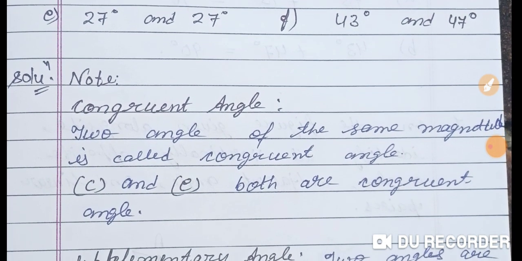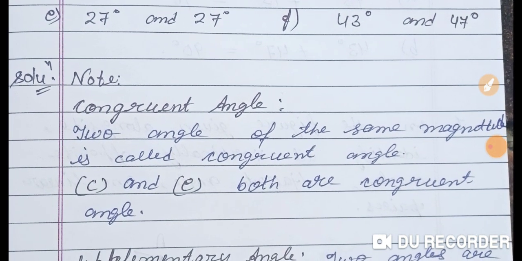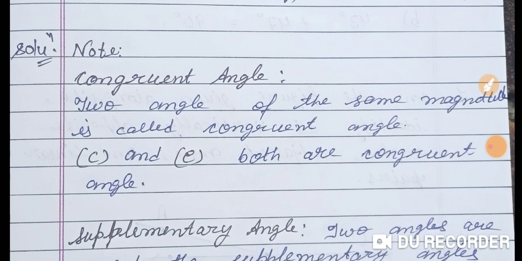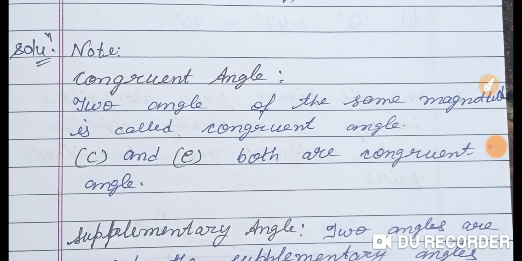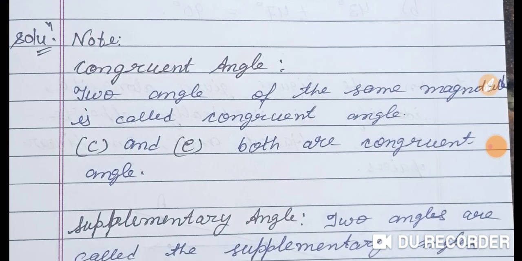Congruent angles are two angles of the same magnitude. Same magnitude means suppose two angles are given and both angles are equal, then they are said to be congruent angles.